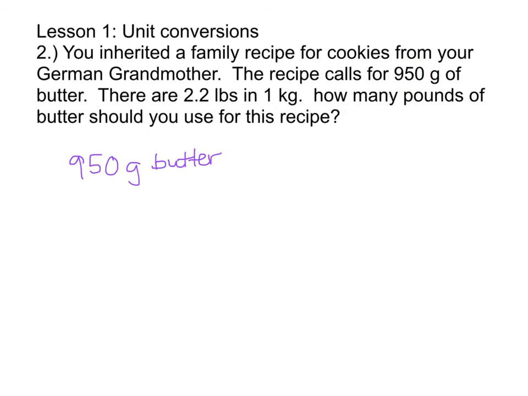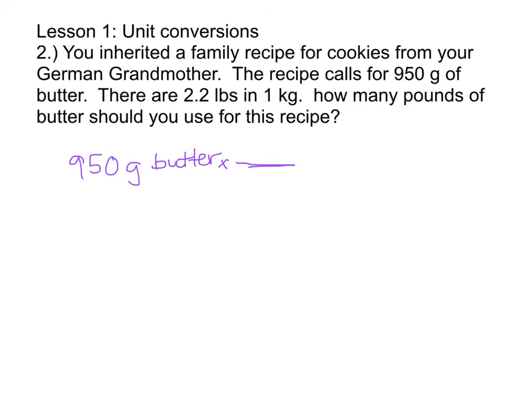So if you remember from when you learned about the different metric units, that kilo prefix means that there's 1 times 10 to the third. So in 1 kilogram, there's 1 times 10 to the third grams, or 1,000 grams.